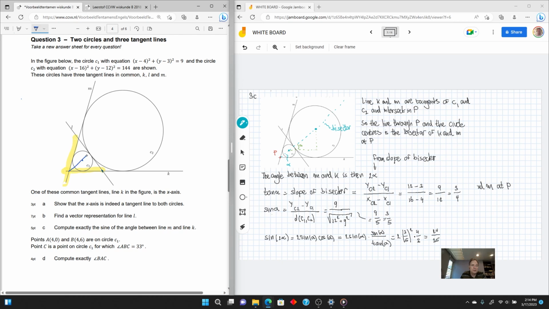So draw this line. Of course, I drew it very poorly here. Well, I drew it better here.